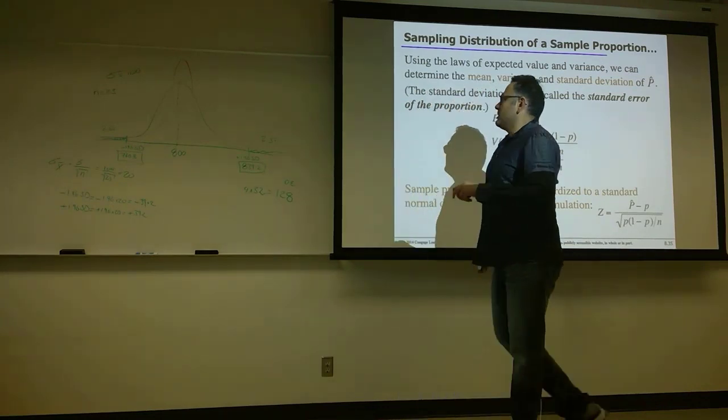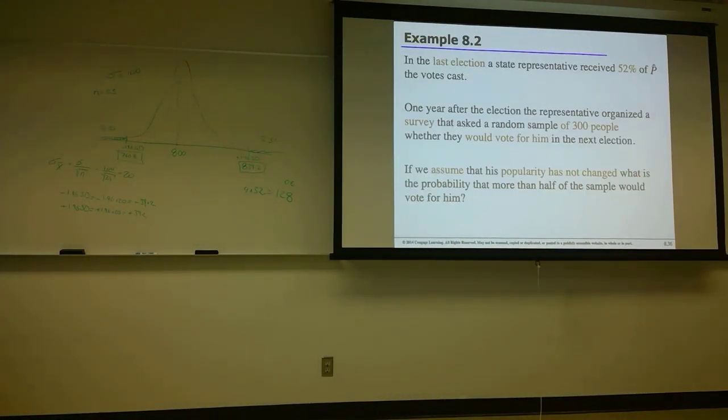Okay, so here's an example that we can look into. We have a candidate whose popularity is at 52%. And we are taking a survey of 300 people and asking them if they would vote for him in the next election or not. We know that his popularity has not changed, so he has 52%.